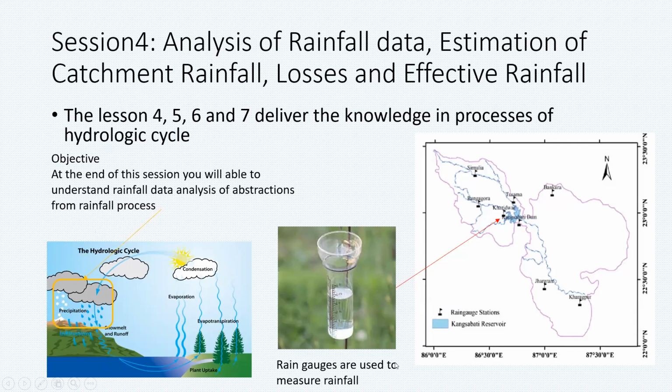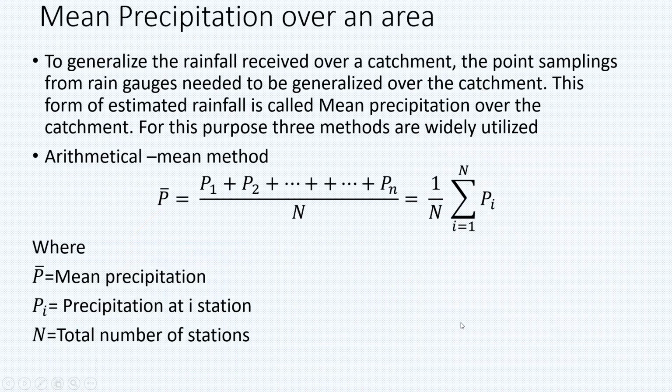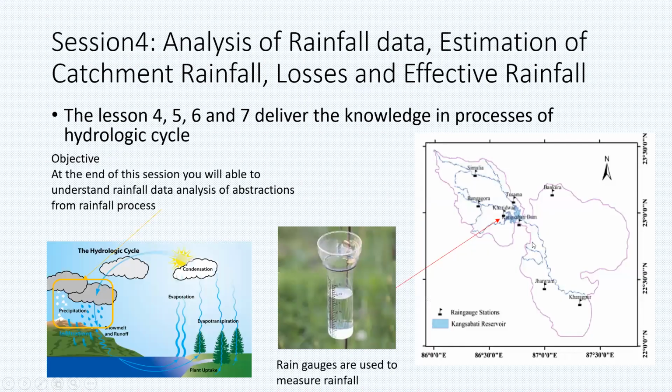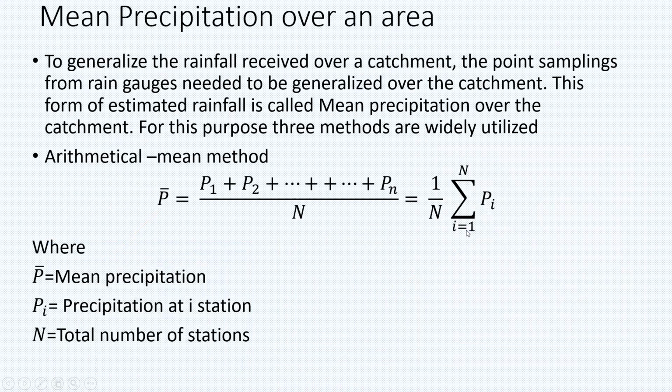Precipitation is measured using rain gauges, like the gauges you can see here, and rainfall is measured at several locations in the corresponding catchments. When we measure rainfall at several locations, we have to generalize the rainfall to the entire catchment in order to do modeling.